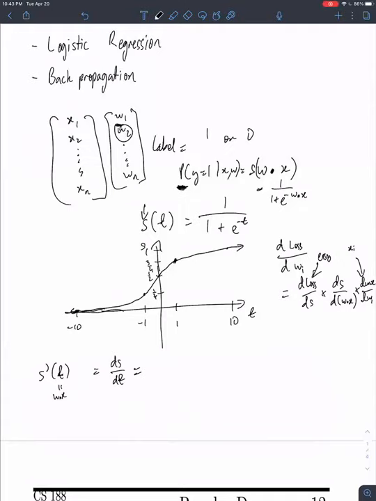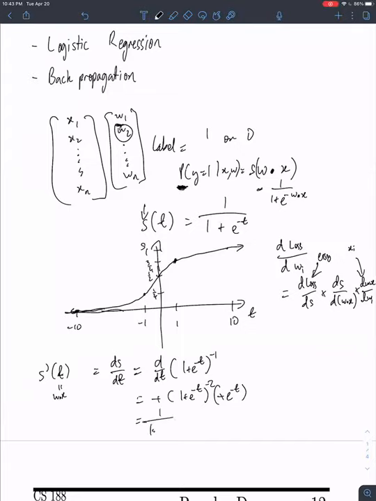So we're doing d on dt of 1 plus e to the minus t, to the minus 1, right? Firstly, we do the derivative of the outside. Again, we're using the chain rule. So the derivative of the outside is negative 1 plus e to the minus t to the power minus 2. Then the derivative of the inside with respect to t. So we've got e to the minus t. You differentiate that, and you have minus e to the minus t, right? Cancel out these minus signs. And that's equal to, and I'll write it out suggestively.